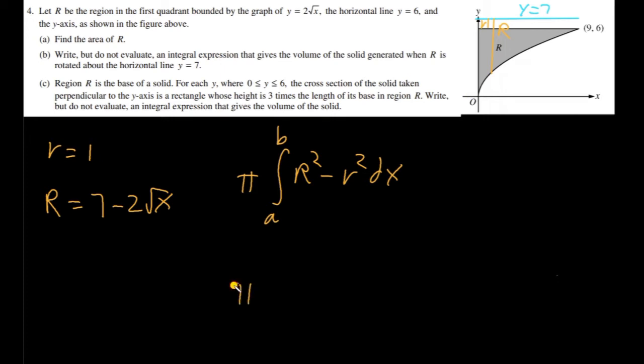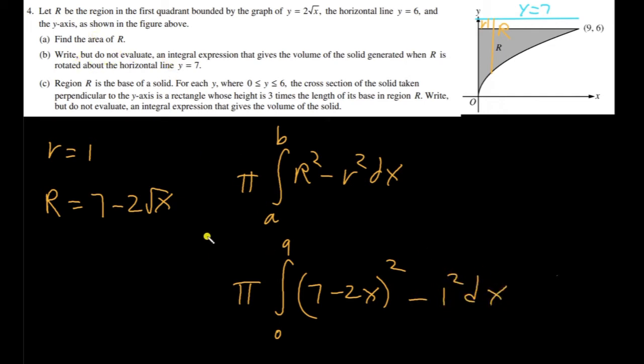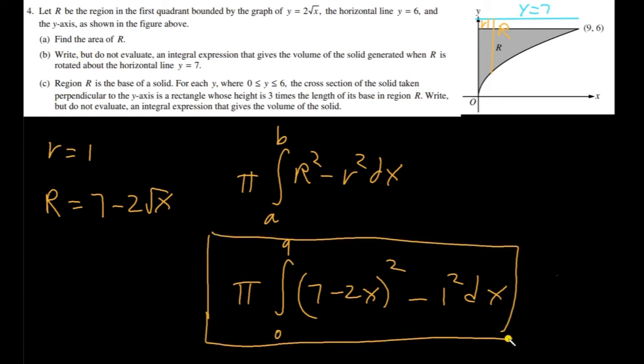So just plugging in everything, we'll get pi integral 0 to 9, and then big R squared, so it's (7 minus 2 square root of x) squared minus 1 squared. And they don't want us to actually evaluate this, just write the expression, so we can call that enough. Okay, this was a 2-point question, 1 point for the integrand, and 1 point for the limits and the pi on the end.